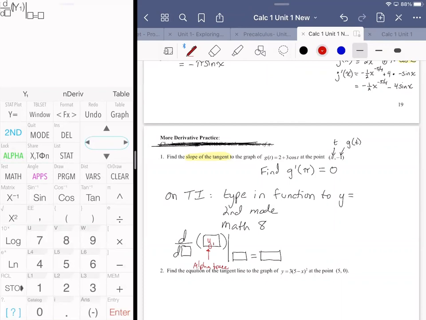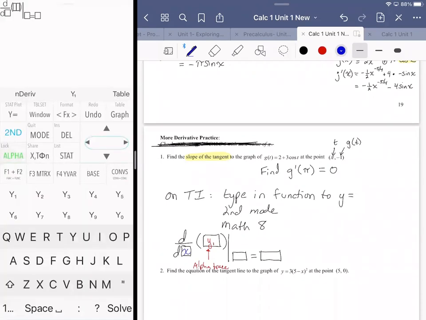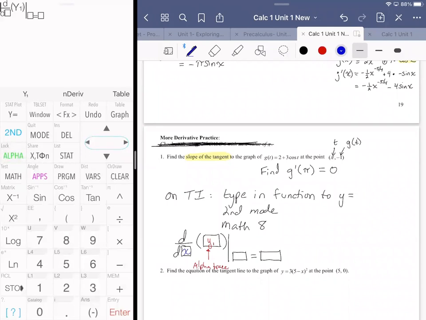All right, you're going to type in x here. Oops, wrong place, I hit the wrong thing. So math, do it again. Alpha, trace to bring in the y1.